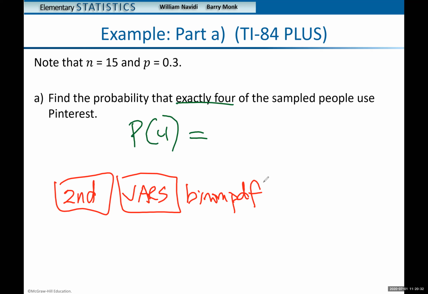You will see trials, probability, the x value. So trials is your n, so we have 15 here. Probability given is 0.3. X value is this, the p of x, so your x here is 4. So enter those numbers and you will get the answer.